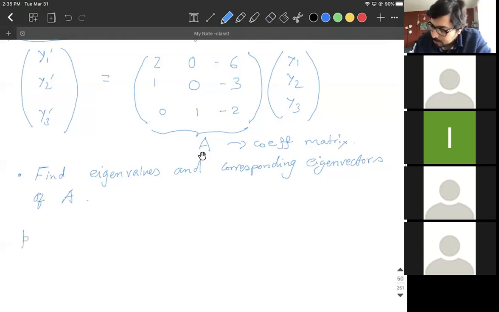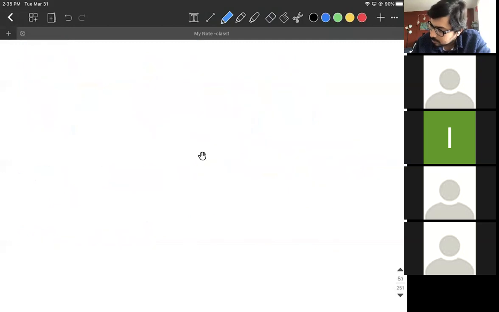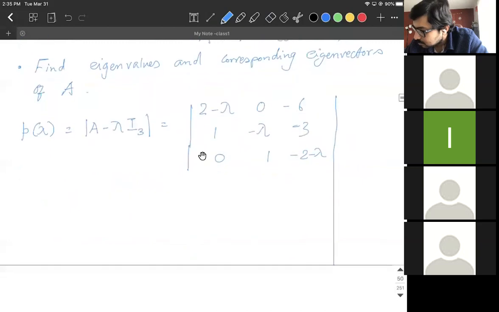the polynomial. So p(lambda), this is the determinant of A minus lambda I3 in this case. So this is 2 minus lambda, 0, minus 6, 1, minus lambda, minus 3, then 0, 1, and minus 2 minus lambda. Okay, so this equals 0.